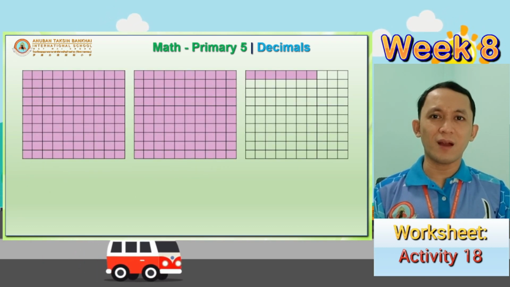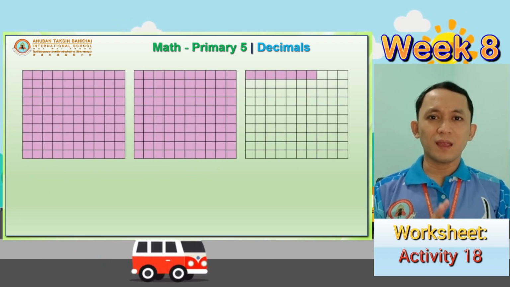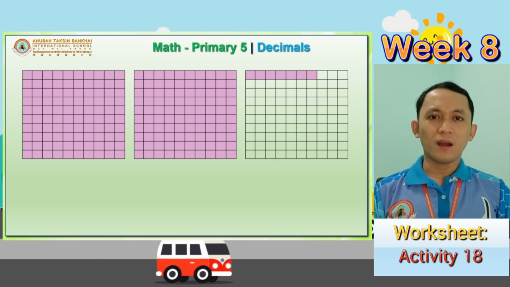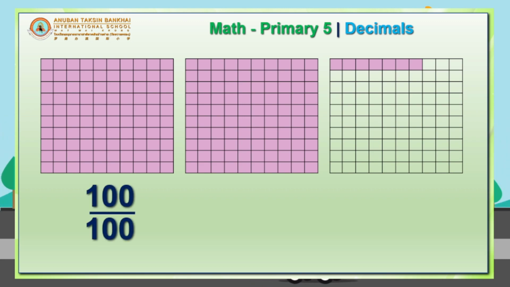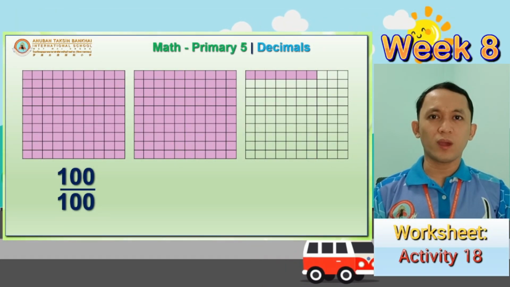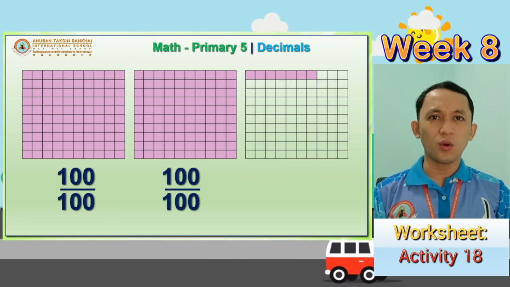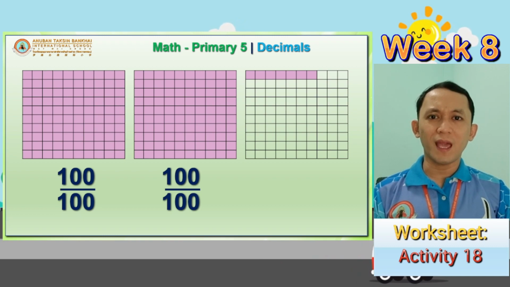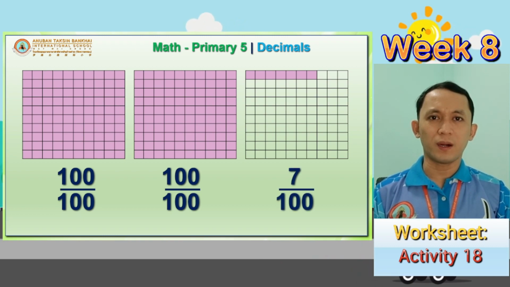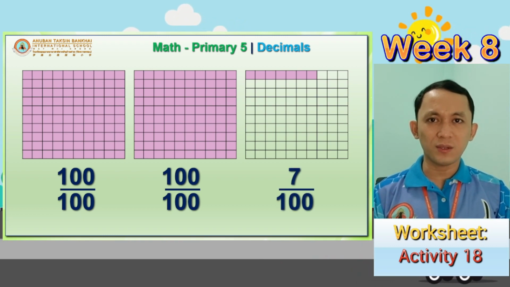Here we have now 3 squares, and each square is divided into 100 equal parts. The first square, all the parts were shaded, so we have 100 over 100. Same as the second square, we have 100 over 100. On the third square, we only have 7 shaded parts out of 100.